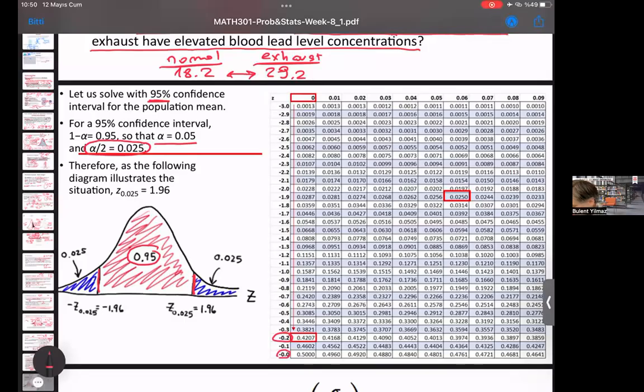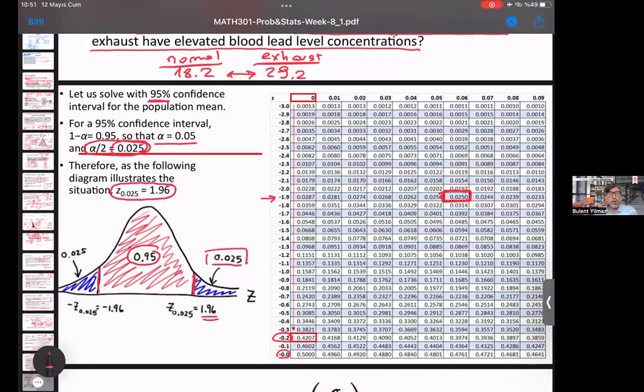Let me be more specific. This is the probability, 0.025. Where does it come from? The z value which corresponds to the area being 0.025 is 1.96.